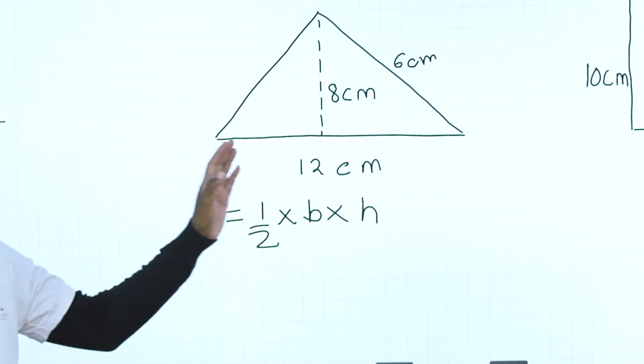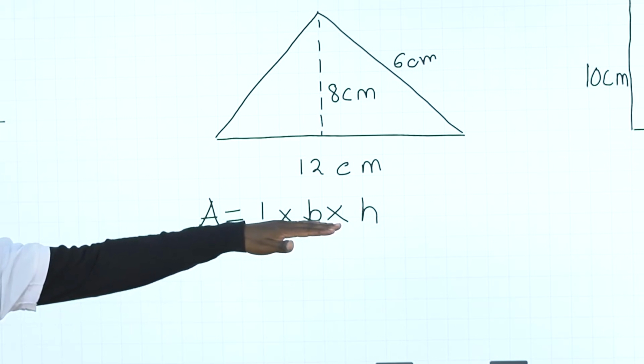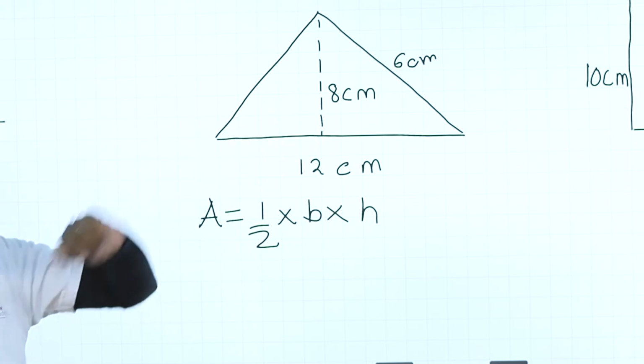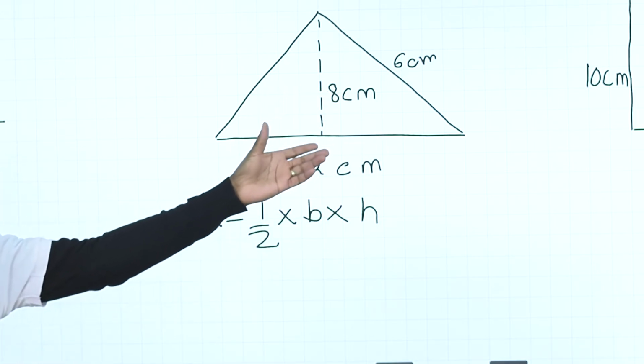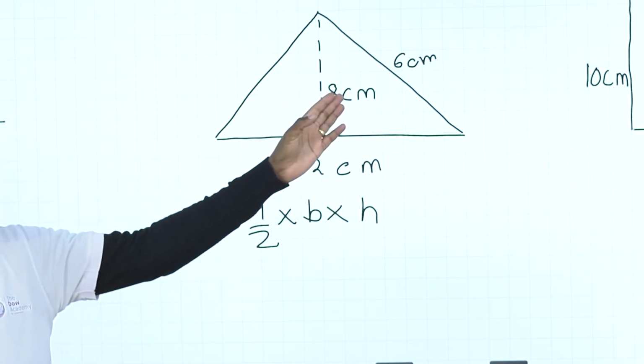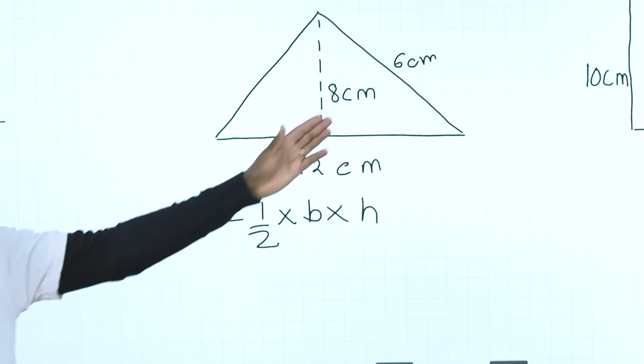And what we have as the base there is 12, and we have 8 as our height. The second stage is where now we have to substitute the letters with the numbers that we have been given. If you look at this triangle, we have the number 8 and we have the number 6. 6 is not the height.